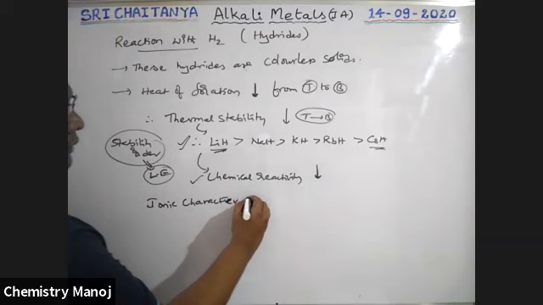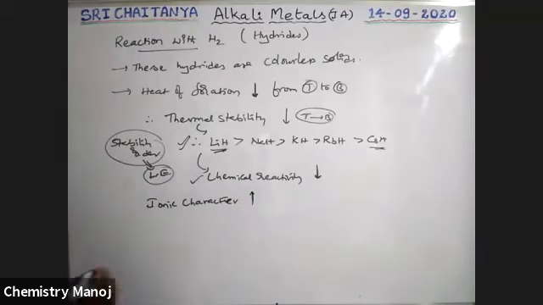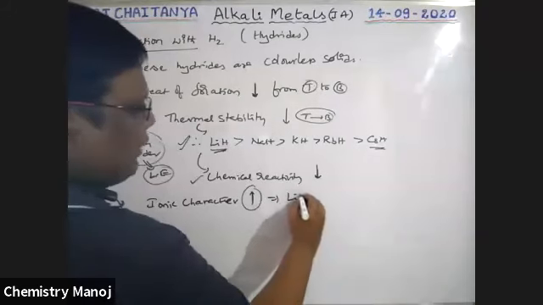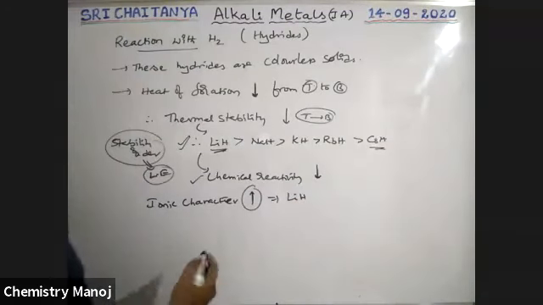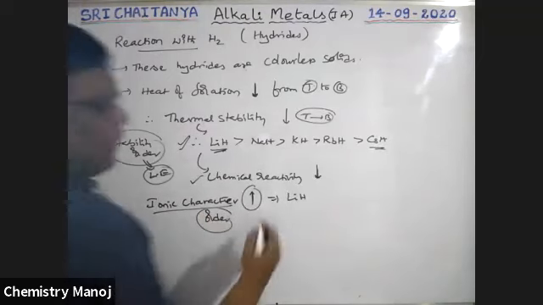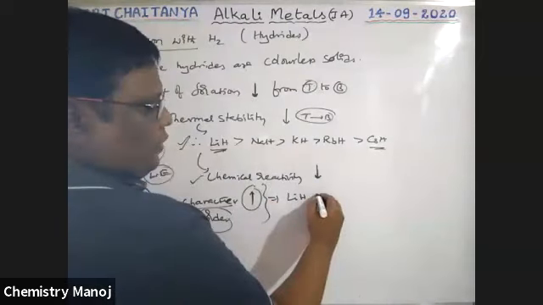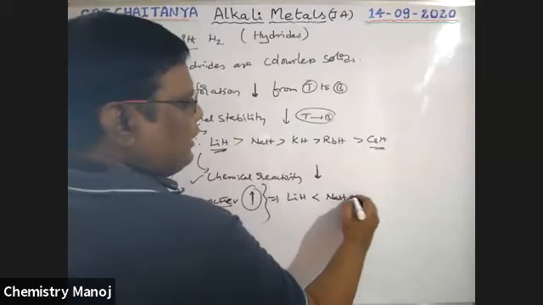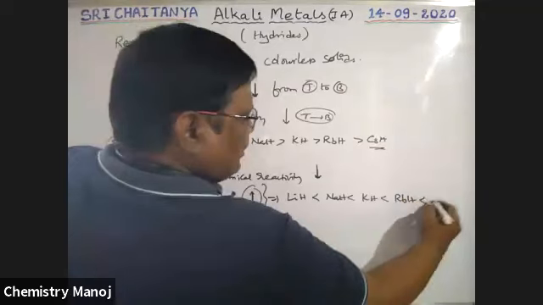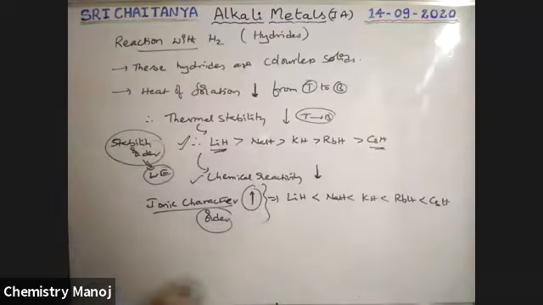Next, ionic character increases, boys. Here, lithium hydride is the least ionic. The order of ionic character: lithium hydride less than sodium hydride, less than potassium hydride, rubidium hydride, and cesium hydride.